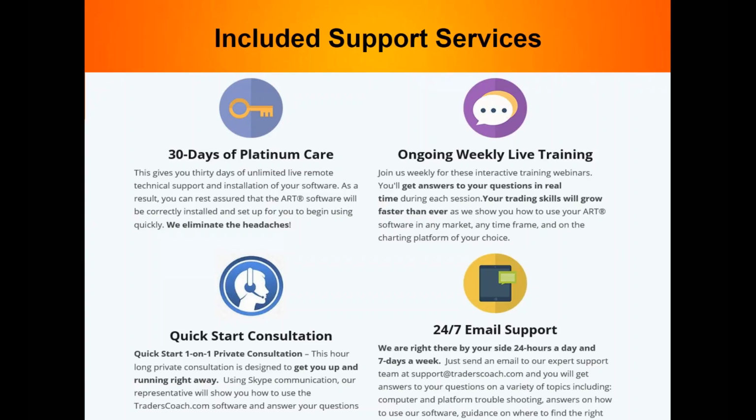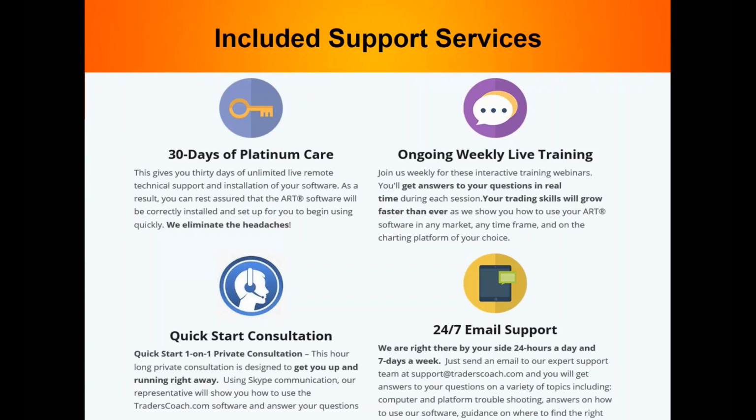So that's an ongoing training. The idea is that by going about a month or so, you're going to have a pretty good idea on how to use the software best for you. And those are really helpful. I know Dean went to those all the time when he was first learning to use A.R.T.